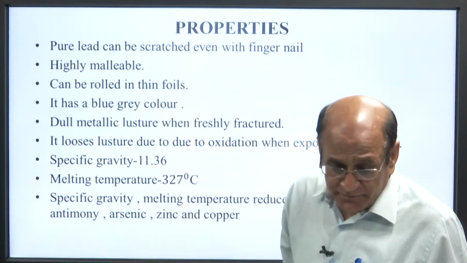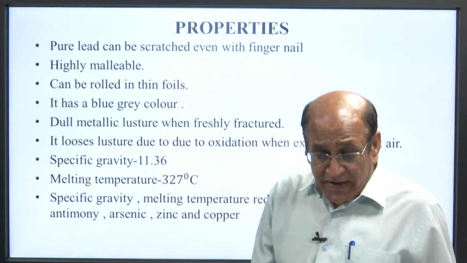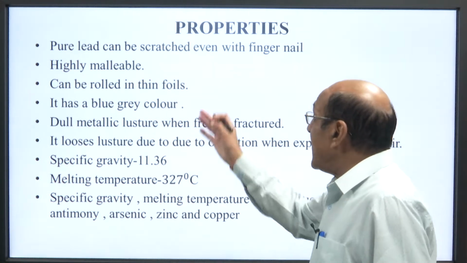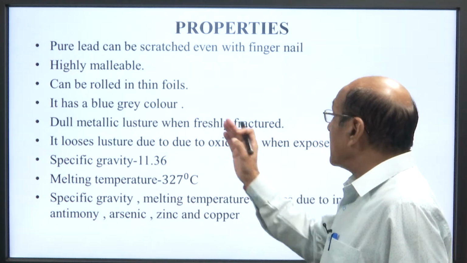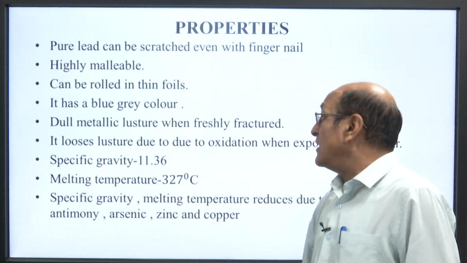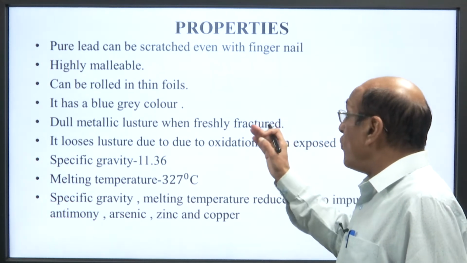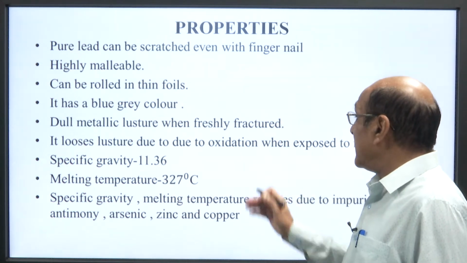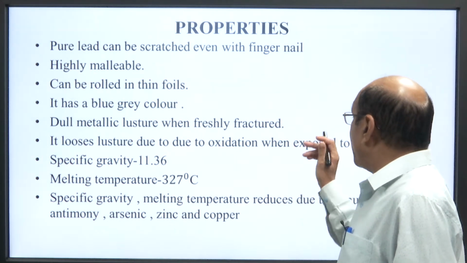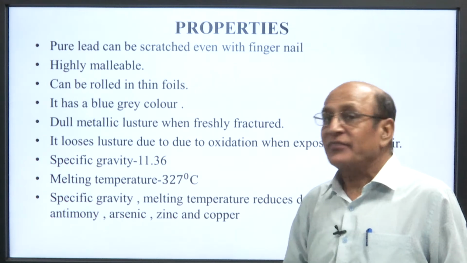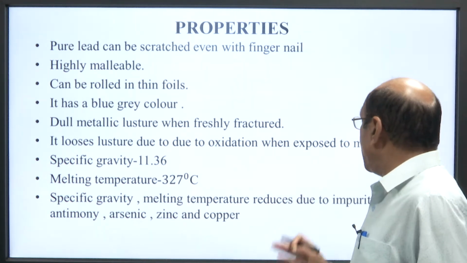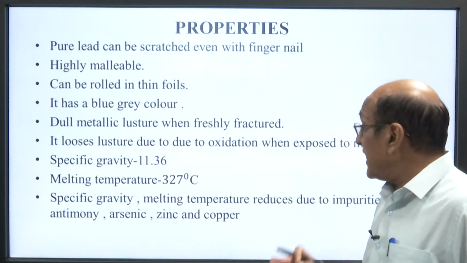Pure lead can be scratched even by fingernails. It is highly malleable and can be rolled into thin foil. It has a blue grey color, with a dull metallic luster when freshly fractured. It loses luster due to oxidation when exposed to moisture and air.